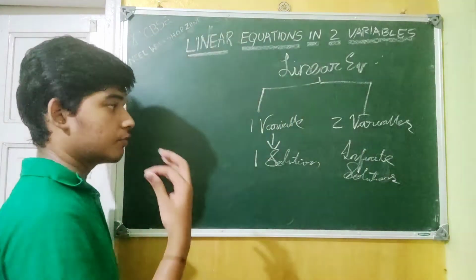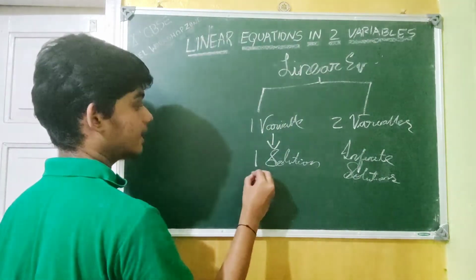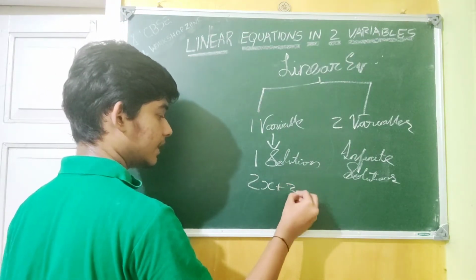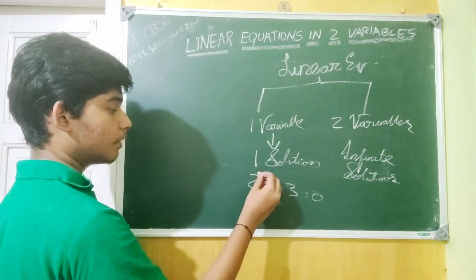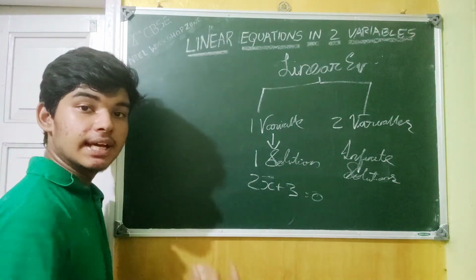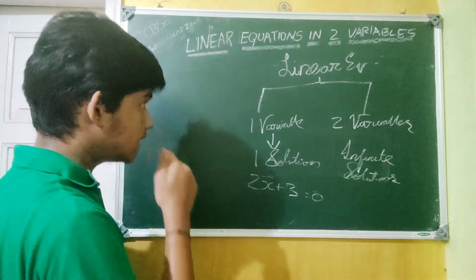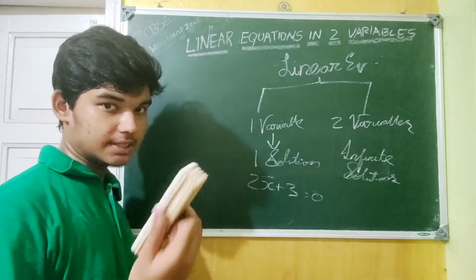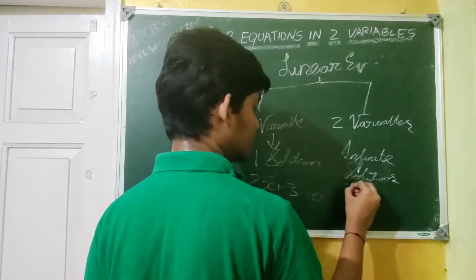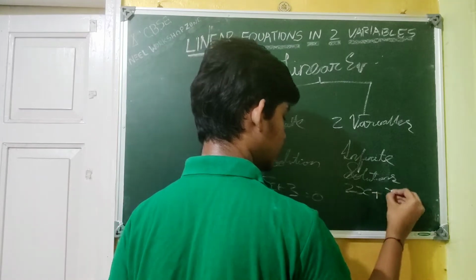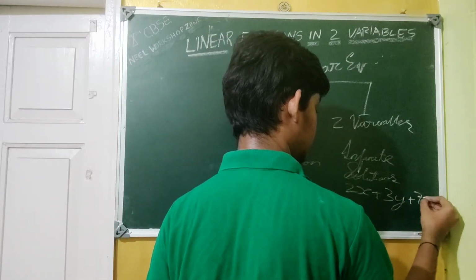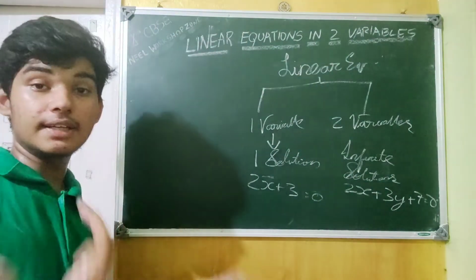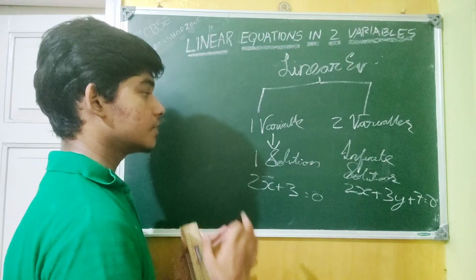So for example, for a linear equation in one variable, we take something like 2x plus 3 is equal to 0, and since there is only one variable, it's called a linear equation in one variable. On the other hand, a linear equation in two variables, which I've just explained, is something like 2x plus 3y plus 7 equals 0. So that is the difference between a linear equation in one variable and a linear equation in two variables.